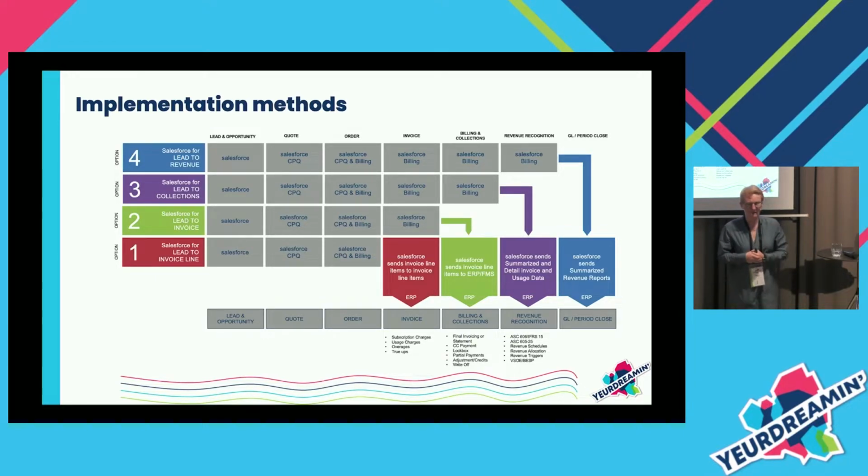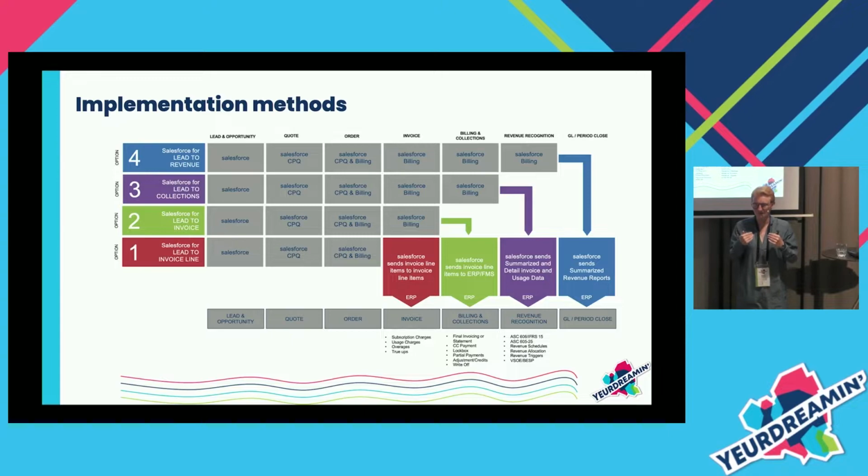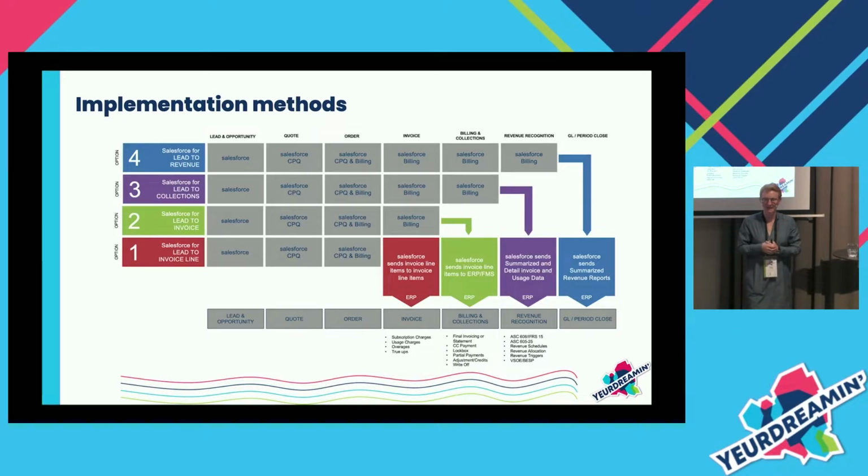Why? Because first of all, within the first implementation method, where we are going lead to invoice line, we are going to use the functionalities and the capabilities of Salesforce Billing, but only until the creation of the invoice. So all the rest of the power that sits in Salesforce Billing, we are not going to use. Now, in this first implementation method, it requires very heavy integration. Why?